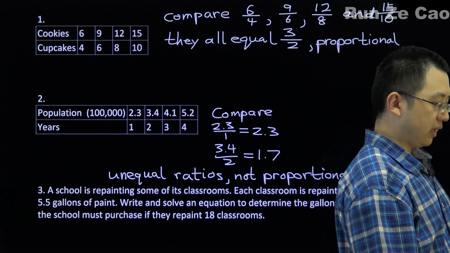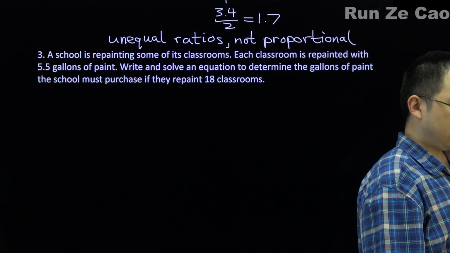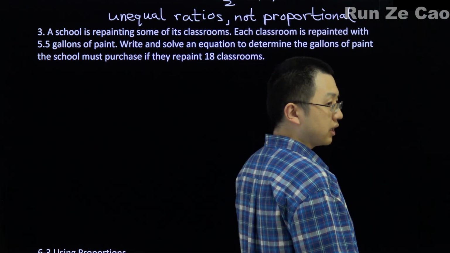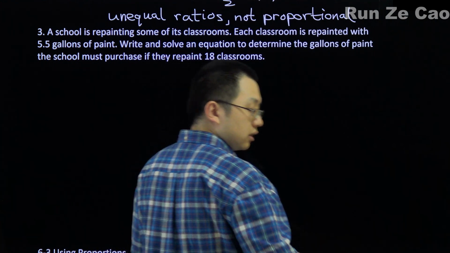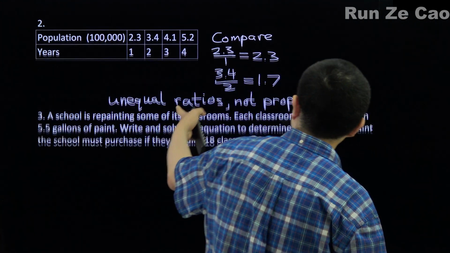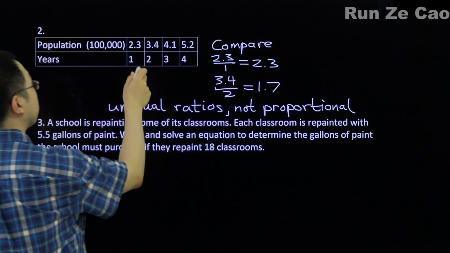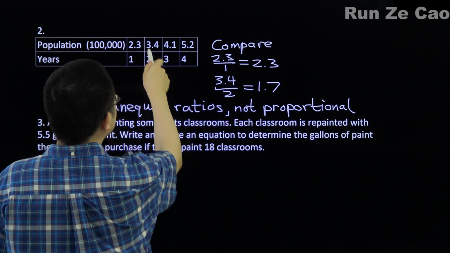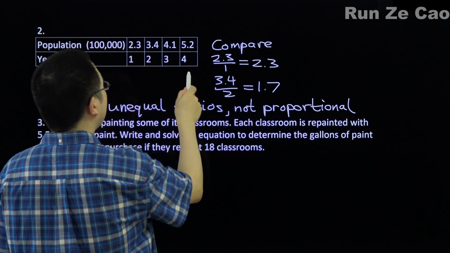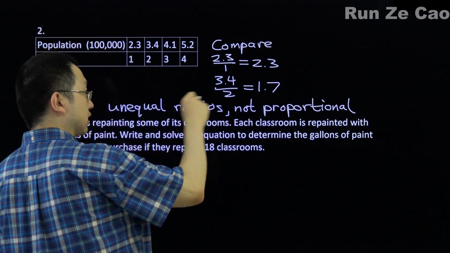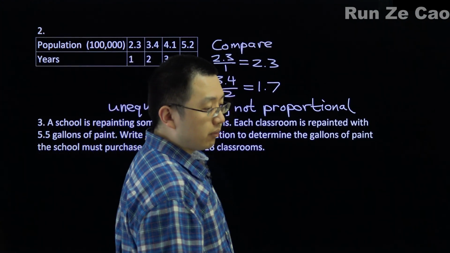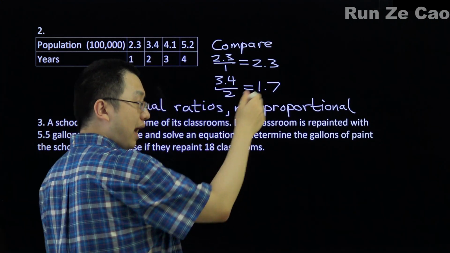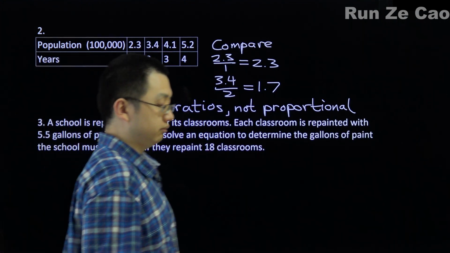If they're not equal, then it's not proportional, because if you draw a line through all the points, assuming you can actually draw a straight line through them, which in this particular case you actually couldn't, because for this increase of 1, that increased by 1.1, and then the next one was a 0.7 up here, and this next one was another 1.1. So no, it actually was not even a straight line. But anyway, even if you drew a straight line between the first 2 points, it would not pass through 0, 0.